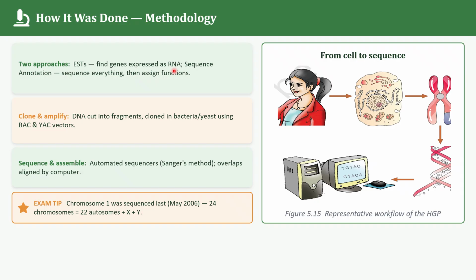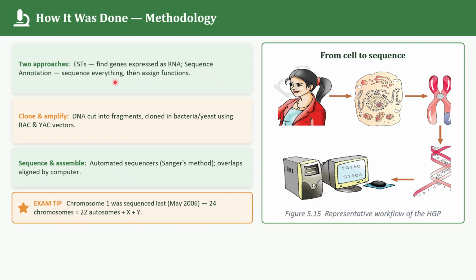And what is approach 2 then? Approach 2 is sequence annotation. The second approach was to sequence the entire genome, and this included the coding sequence and the non-coding sequence. After sequencing the entire genome, scientists identified different regions and assigned functions to them.